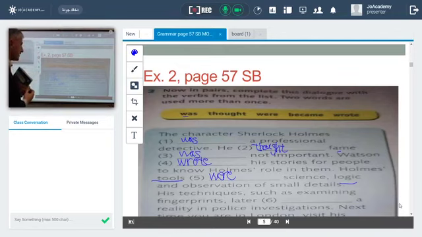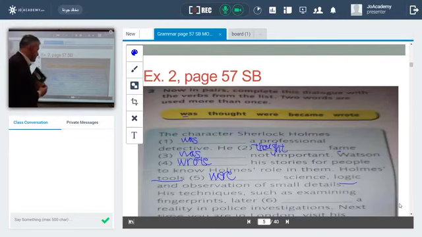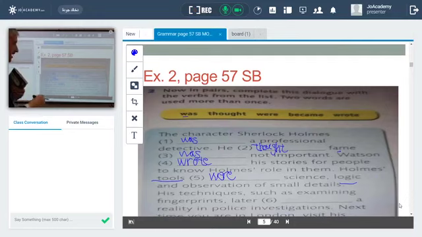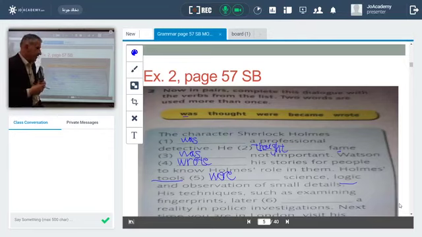His techniques such as examining fingerprints later became a reality in police investigation. Here we have the word fingerprints. Fingerprints means بصمات in Arabic. This was very old. When they talked about this story it was very long back.